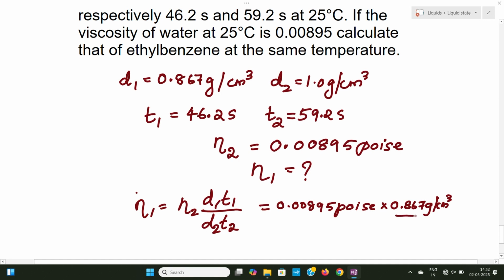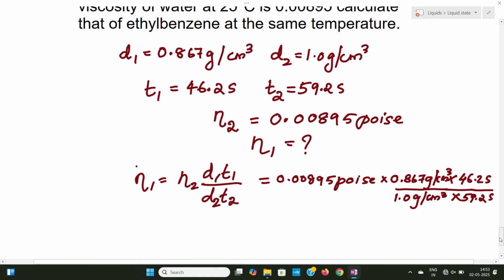Then D2 is 1.0 gram per centimeter cube. Then here this T1 is 46.2 seconds, and here this T2 is 59.2 seconds.